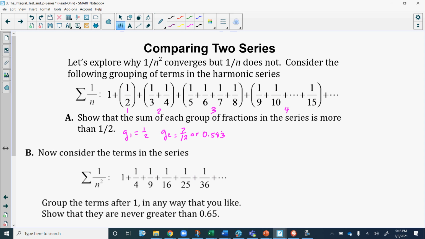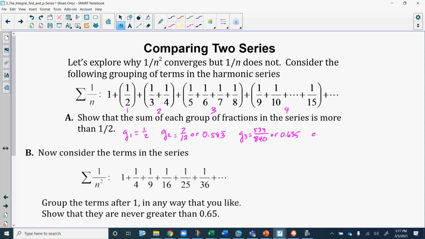583 repeating. If we look at the third group, the 4 fractions that are there, as a fraction, that's going to be a sum of 533 over 840, or about 0.635.